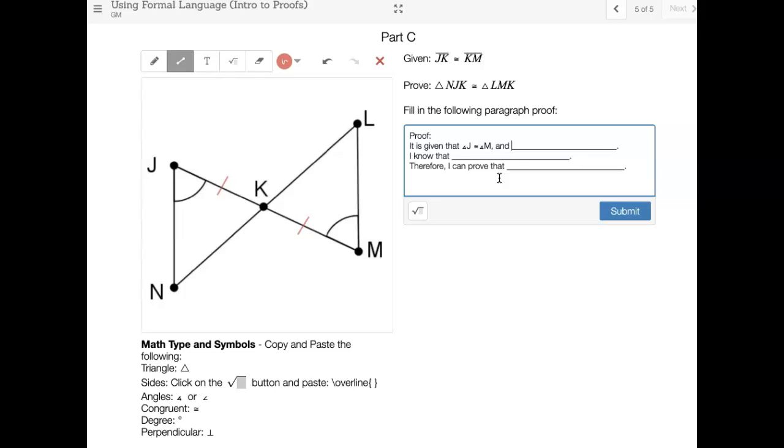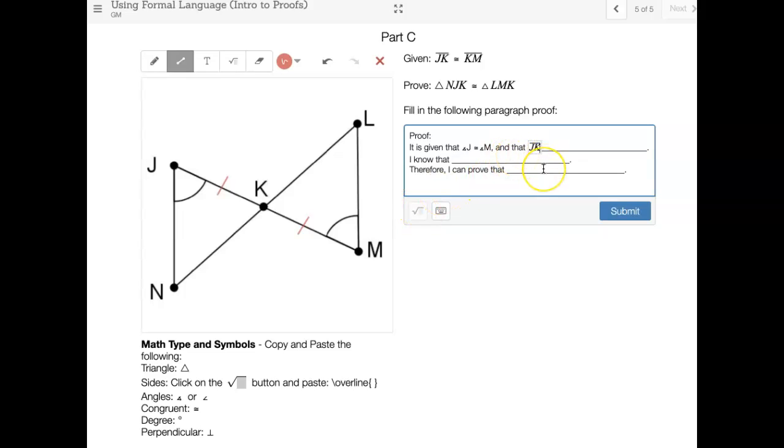Also, this other thing was given. Let's see if we can copy this and paste it. Command C. No, that's not working. It looks like I have to use this little radical symbol to paste.